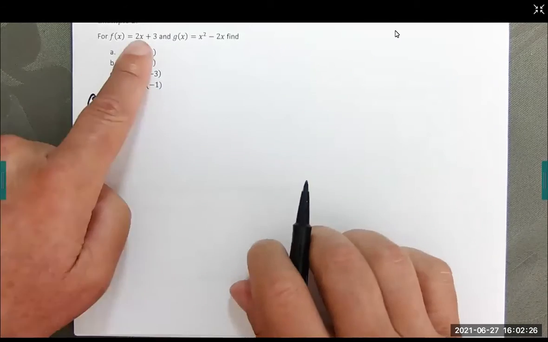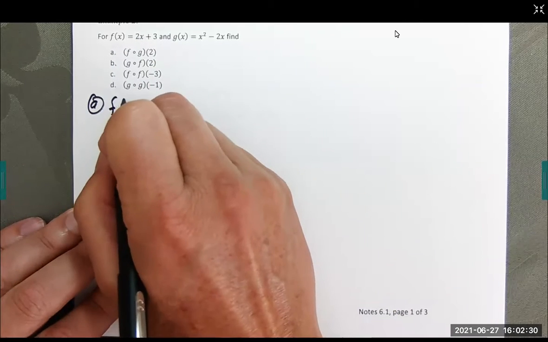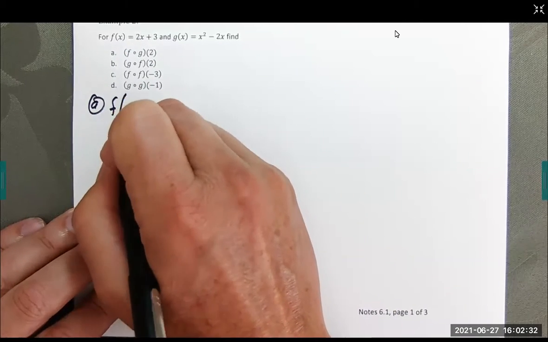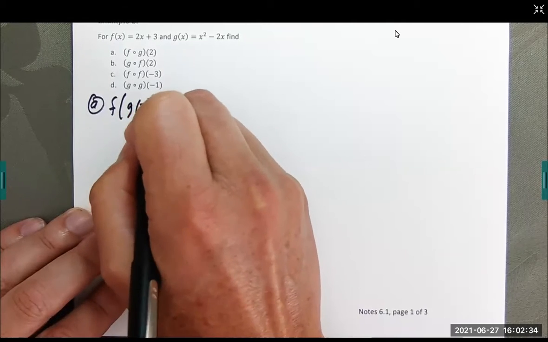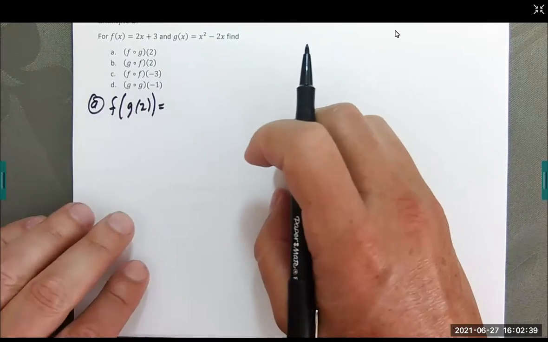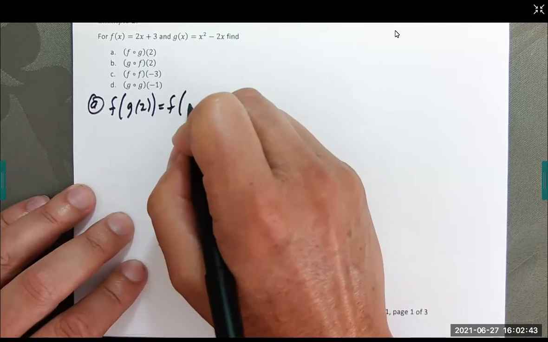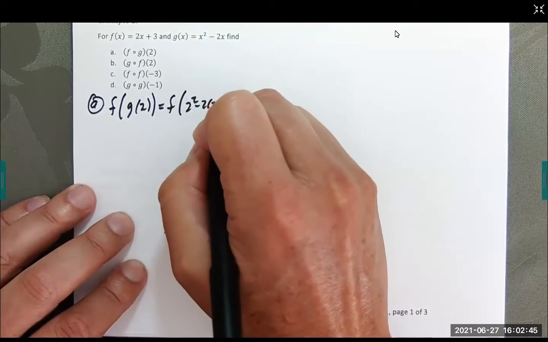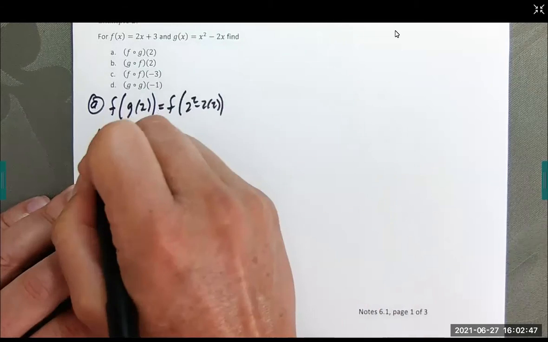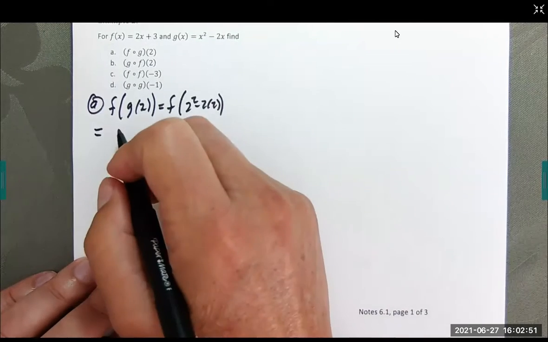And here we have our two functions f and g. So this is f of g of 2. So what I'm going to do is I'm going to evaluate g when x equals 2. So f of, this is going to be 2 squared minus 2 times 2. This becomes f of, that's 4 minus 4, that's 0.